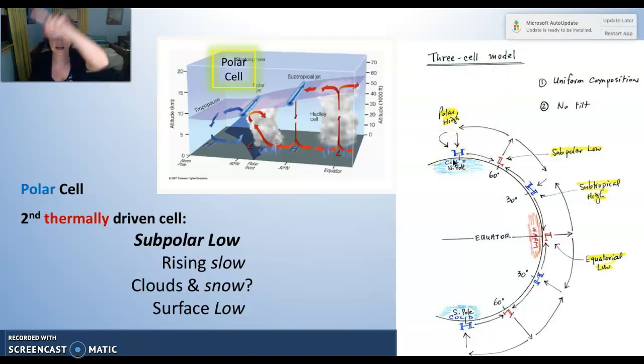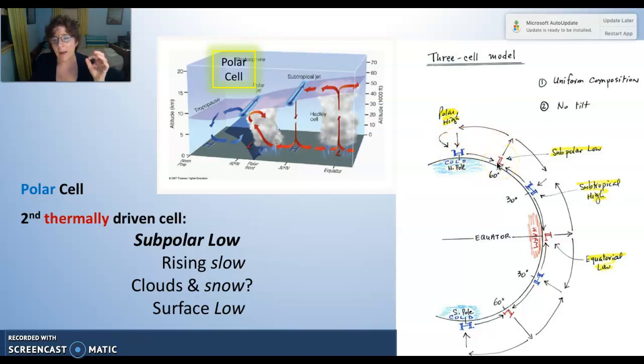Remember, we have a circulation of air. The surface high is going to move into the area that lost all of its air molecules in going up and moving over in circulation. So this has now become a surface low, and it is completing the third cell here.